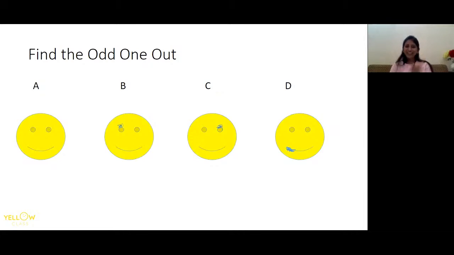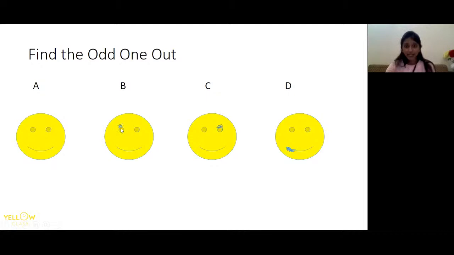Okay, so the correct answer for this is A. Why? Because in this we are using the opposite approach. How? See, A is symmetrical along the vertical line. B is not symmetrical. Why?